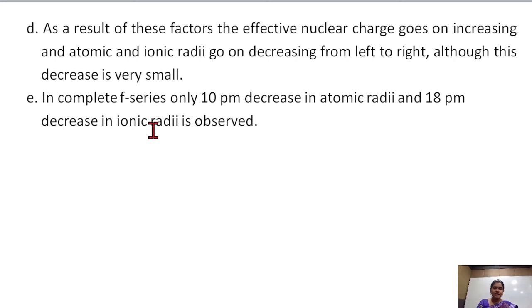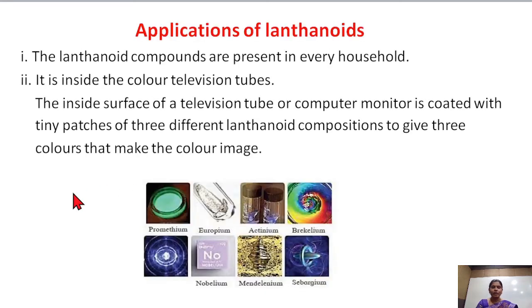In the complete f series, only a 10 picometer decrease in atomic radii and an 18 picometer decrease in ionic radii is observed, and this contraction of atomic and ionic radii is known as the lanthanide contraction.